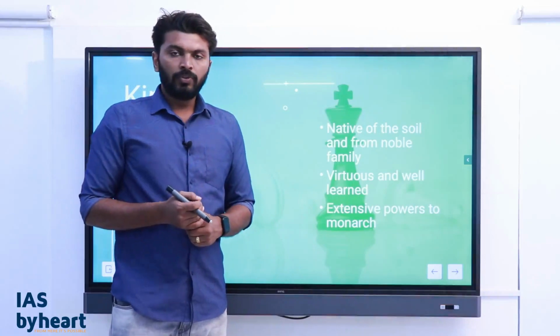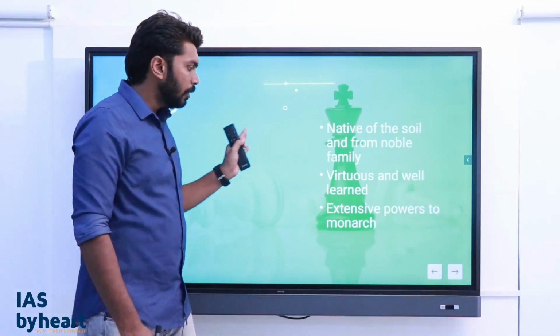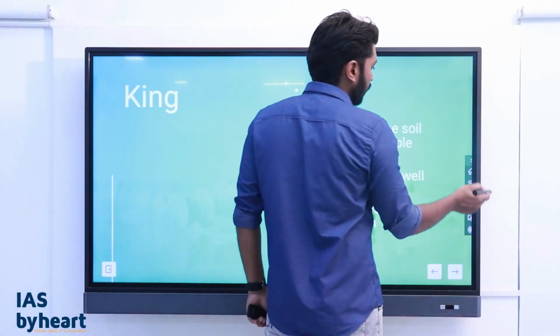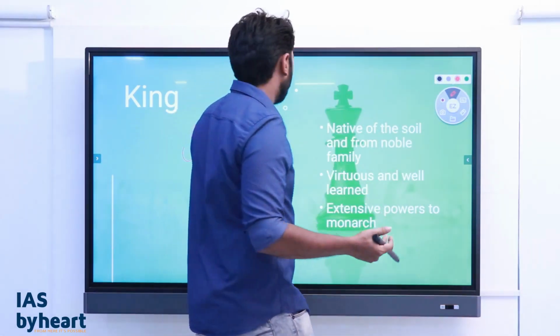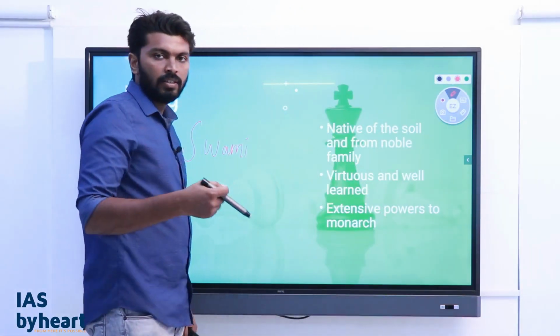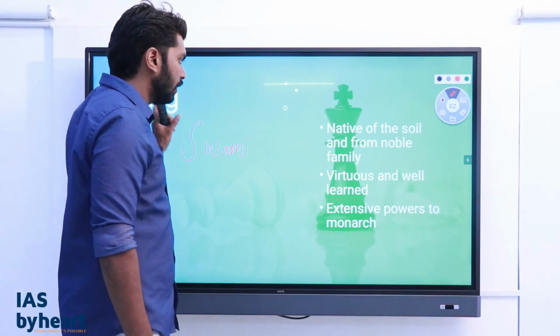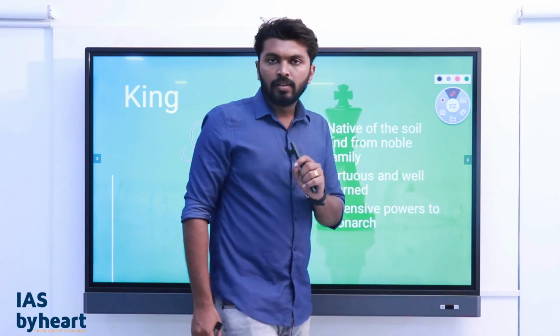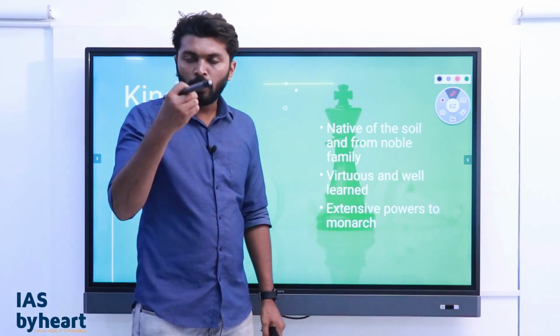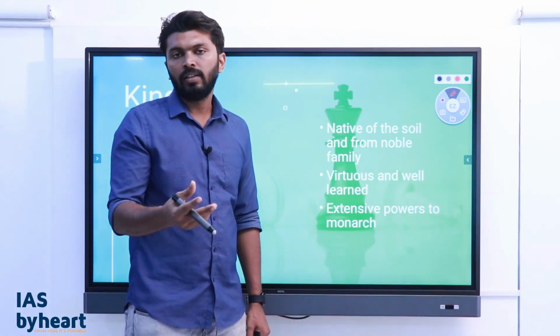The first element of this Saptanga theory is the king, mentioned as Swami or Swamin. It is mentioned under different names. This king as per Chanakya should be a native of that soil. He is the first and foremost element in the Saptanga theory, an important link in the 7 limbs.